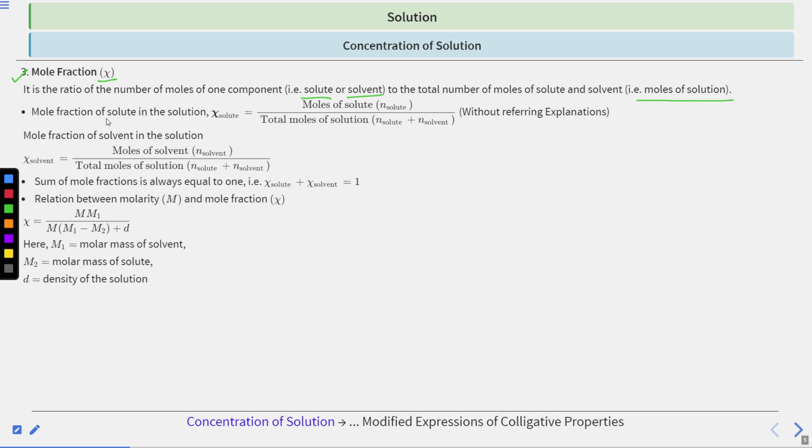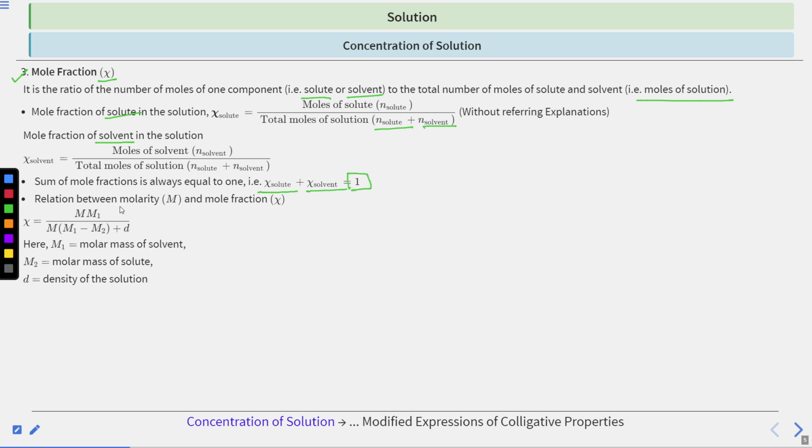So mole fraction of solute in the solution is moles of solute divided by the total moles of the solution, that is moles of solute plus moles of solvent. Mole fraction of solvent is moles of solvent divided by total moles of solution. Sum of mole fractions is always equal to 1 in a solution. So mole fraction of solute plus mole fraction of solvent is always equal to 1.